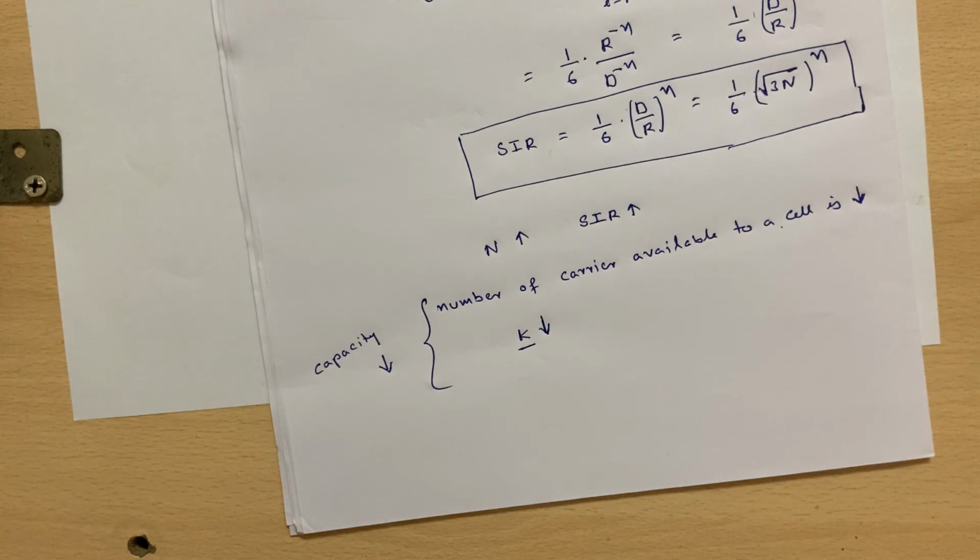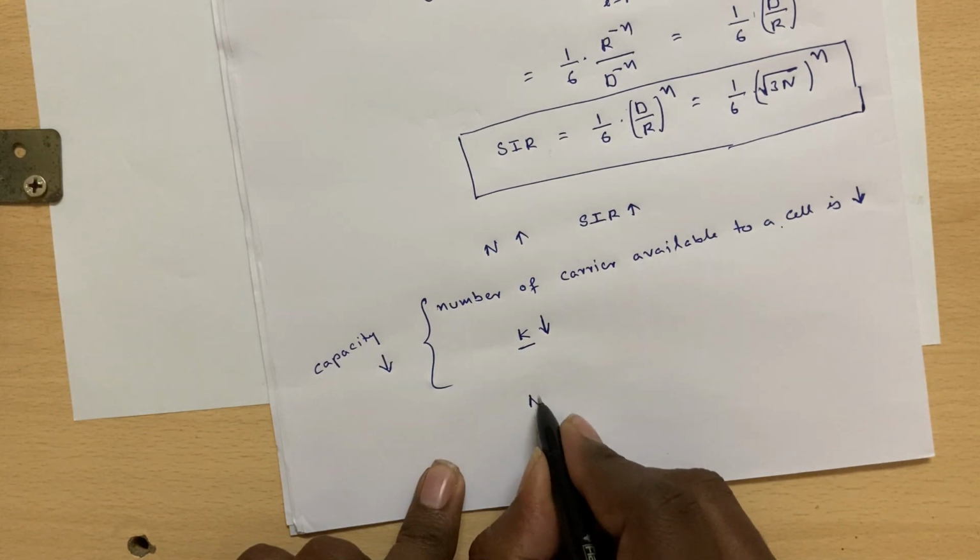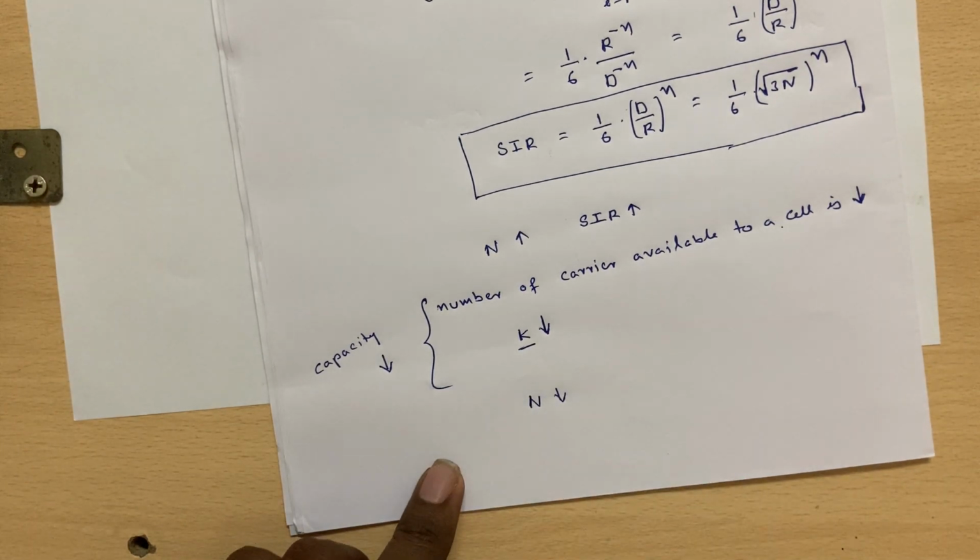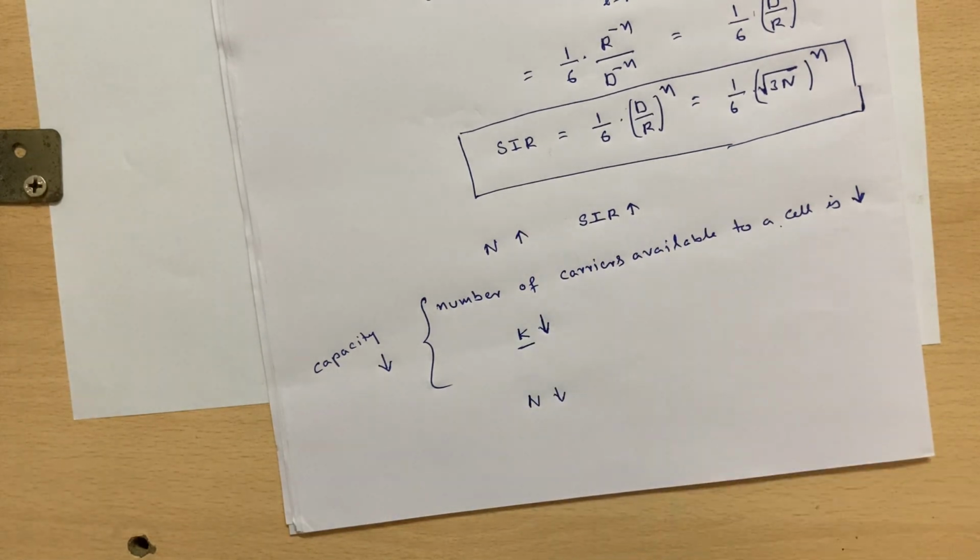And similarly, if you can manage with a low SIR value, n can be decreased. If n is decreased, the number of carriers available to a cell will be increased, and also the factor k with which capacity is multiplied will increase.